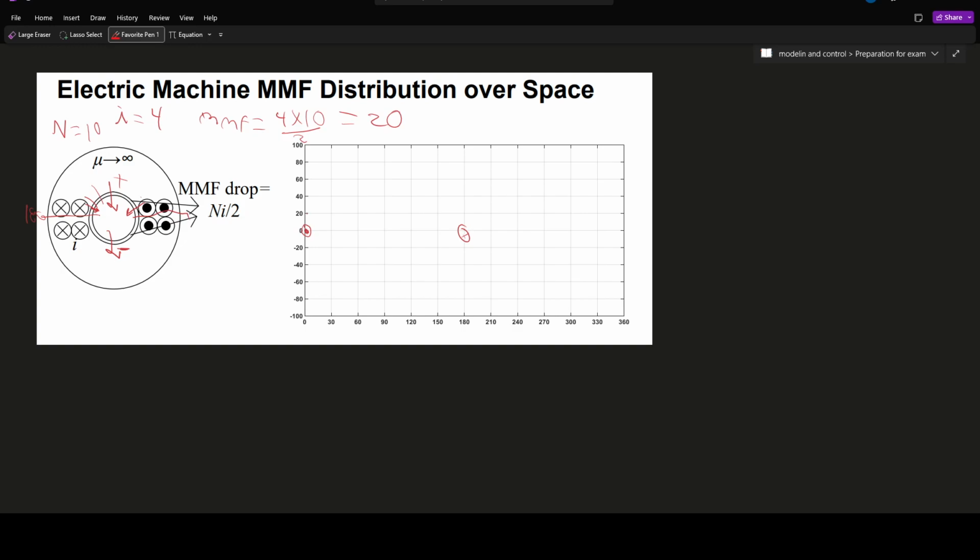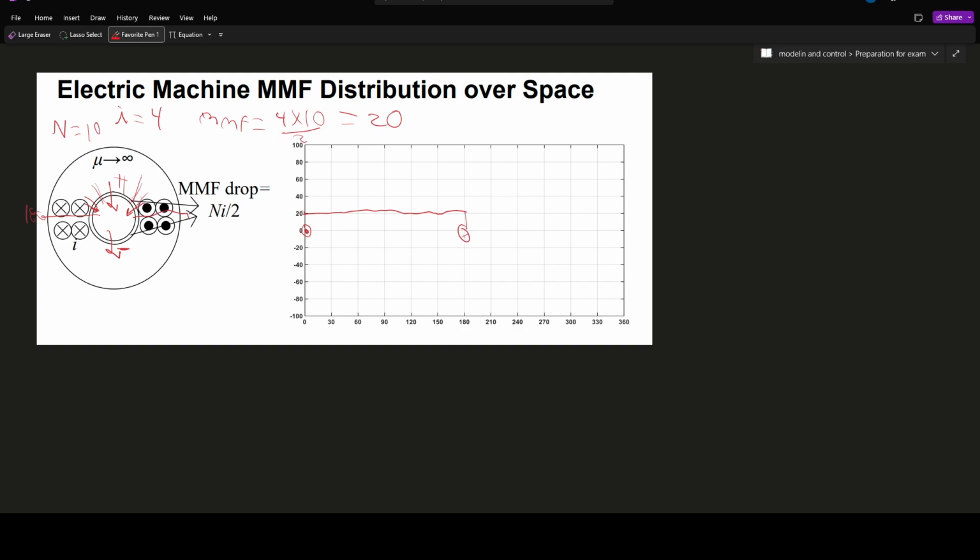So we know that from 0 all the way up to 180, we are gonna have positive flux that is gonna give us positive MMF.